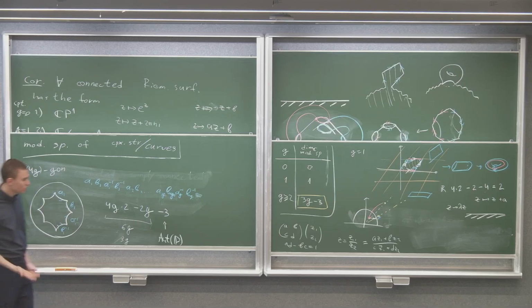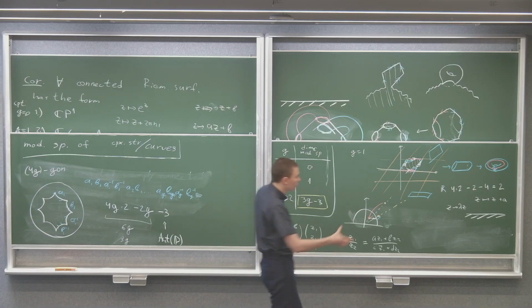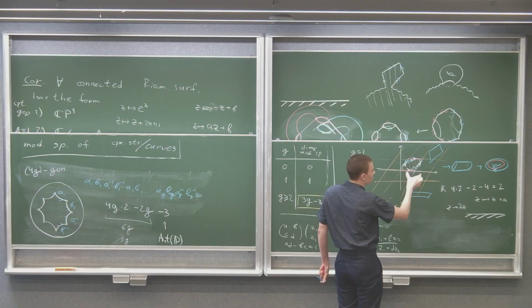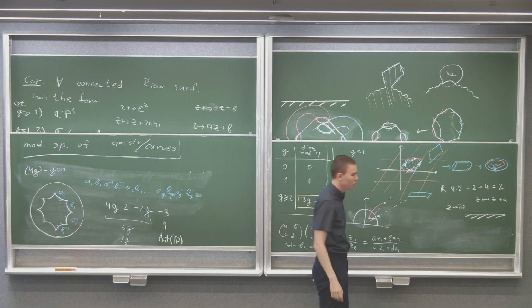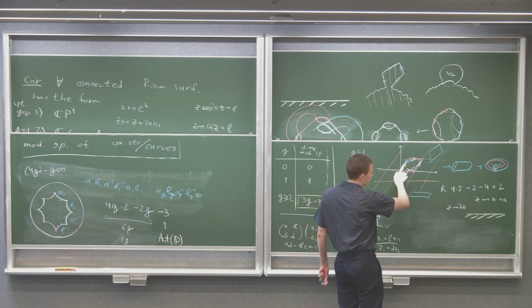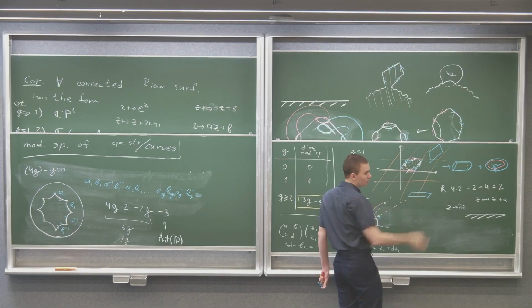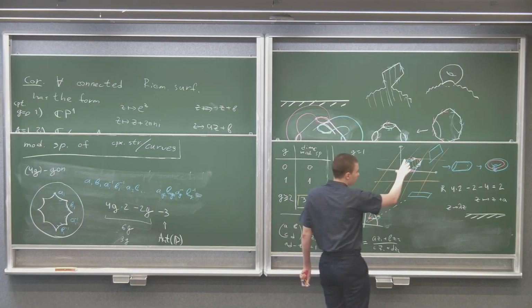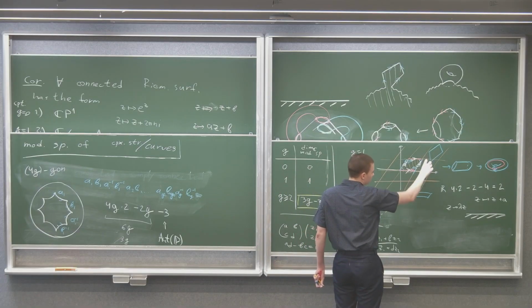Basically, gluing is saying that there is some automorphism which brings this side to this side. In the case of g equals 1, this was just a shift by this blue vector. That would bring this red side to this red side. And for the case of the blue side, it was the shift by the red vector.